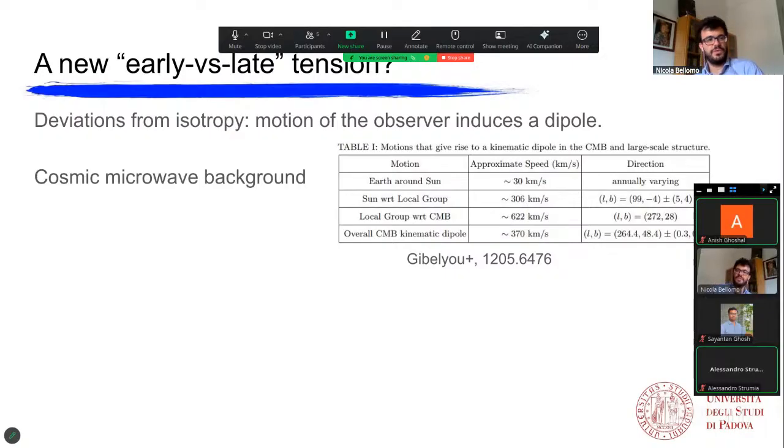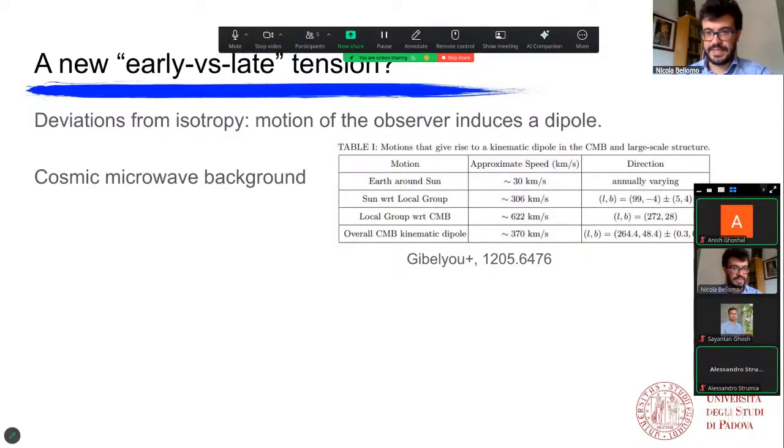We already know that the motion of us, the observer, induces a dipole in any observation. We measure it quite accurately from the cosmic microwave background. Overall, it corresponds to us moving at a velocity of around 370 kilometers per second compared to the background. And apart from the velocity, we also measure the direction. So this counts as an early time measurement of our dipole.